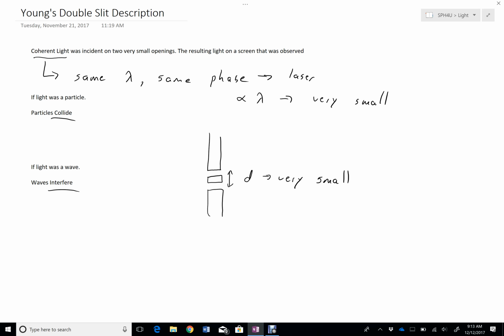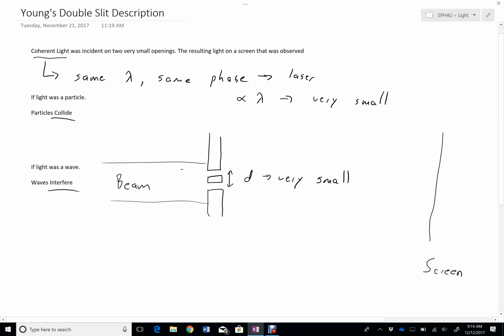So the idea here was that if you shined a beam of light on these two openings, and then we have a screen back here, we should see different things if light collides with itself or if it interferes with itself.